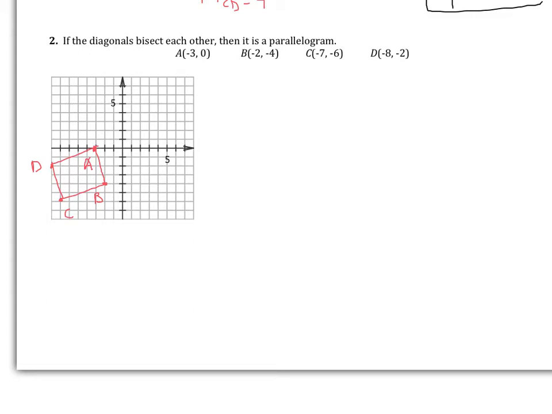Okay, so in this case, we could show that the opposite sides are parallel. That would definitely be one way to do it. But I'm telling you specifically that you have to show that the diagonals bisect each other.